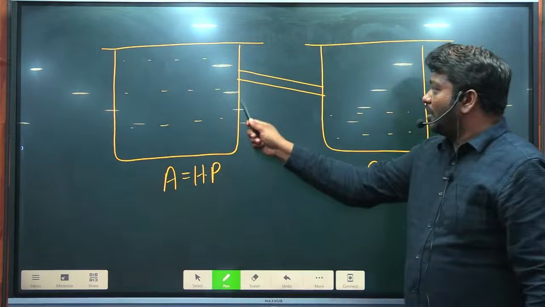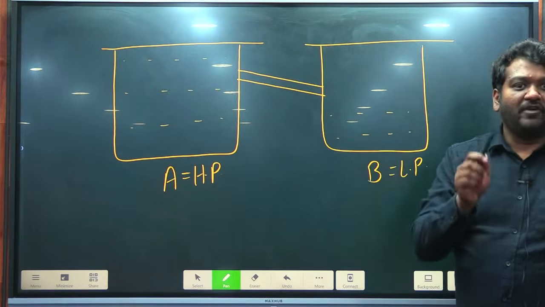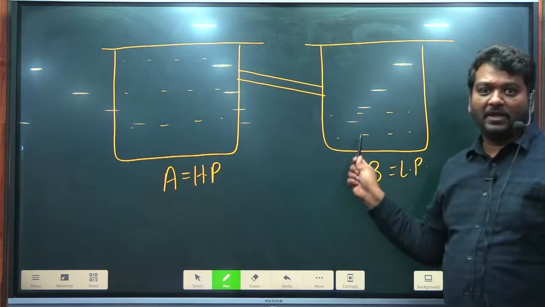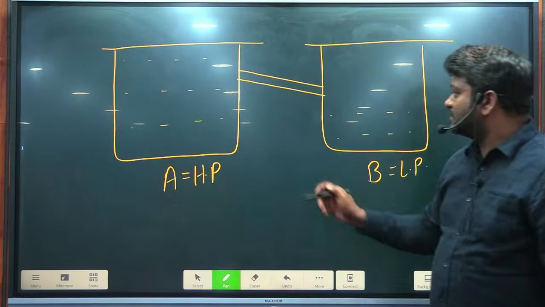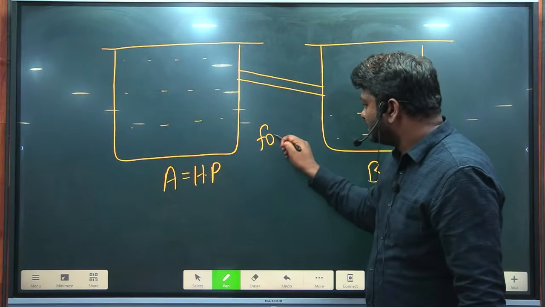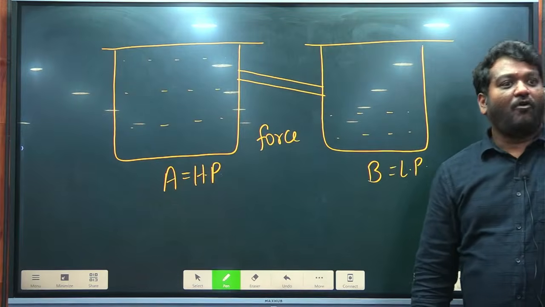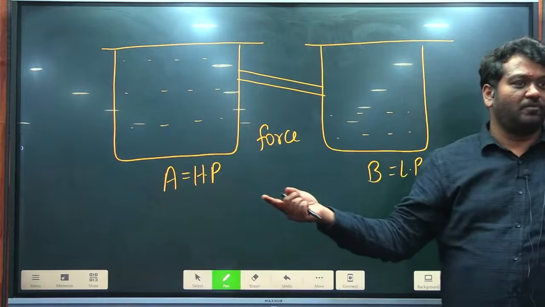So, here air is moving from A to B. Now if air is moving from A to B, that means, can I say there is movement? If there is movement, what do we call it as? Force. Okay guys, what is making it to move, high pressure to low pressure?